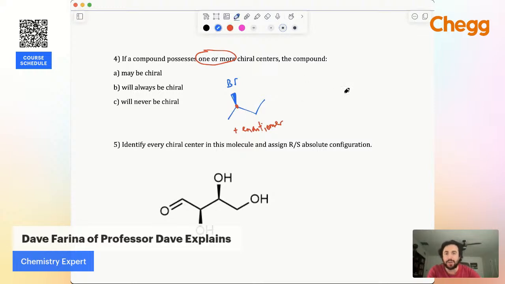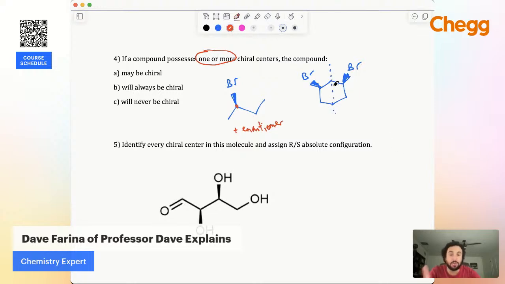Now, what if we have two chiral centers? Let's say we have something like this. This is actually a meso compound. There's an internal plane of symmetry.